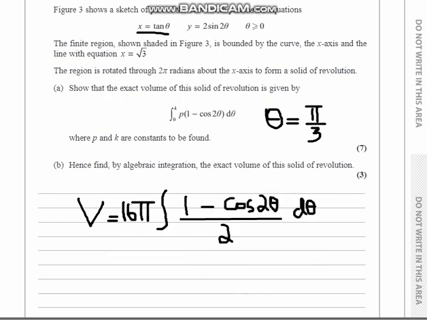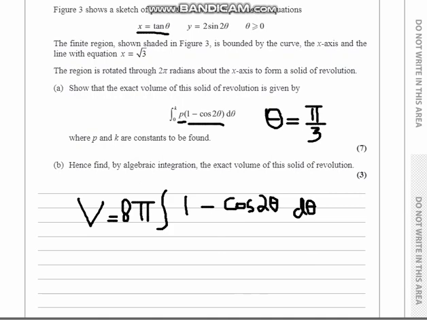There you go, our answer is taking form. V equal to 16 pi integral of 1 minus cos 2 theta upon 2 d theta. If you look at part A of the question, it only shows 1 minus cos 2 theta and p, and we don't have any fraction here. So 16 pi is being divided by 2, and we are left with 8 pi integral of 1 minus cos 2 theta.